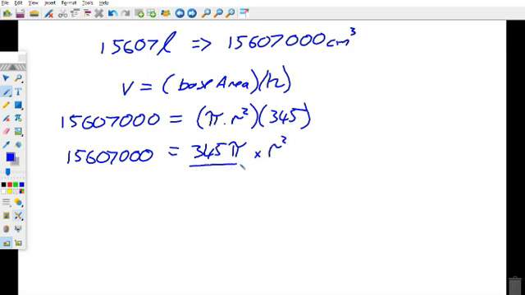We can divide both sides by 345 pi. That's going to cancel with that, and therefore we're going to plug this in and you're going to get an answer. But now don't clear your calculator. So you say 15607000, and then we put in a fraction divided by 345 multiplied by pi, and you get an answer.